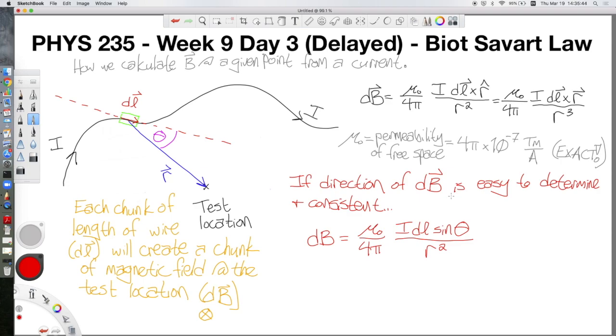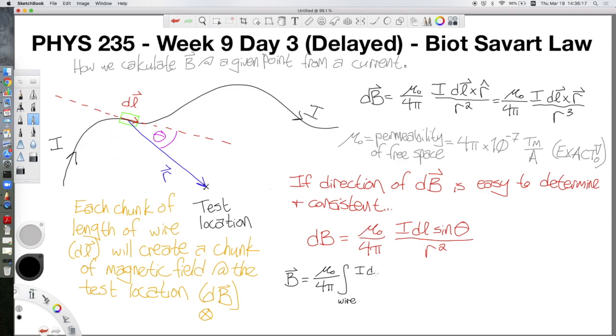So, what this means at the end of the day when we actually find our magnetic field is we will find the total magnetic field at the test location by integrating the expression for dB, either as a scalar or as a vector. So it might look something like this. Mu naught over 4 pi, the integral over the entire length of the wire. Exactly what our limits of integration might look like will depend on our specific problem.